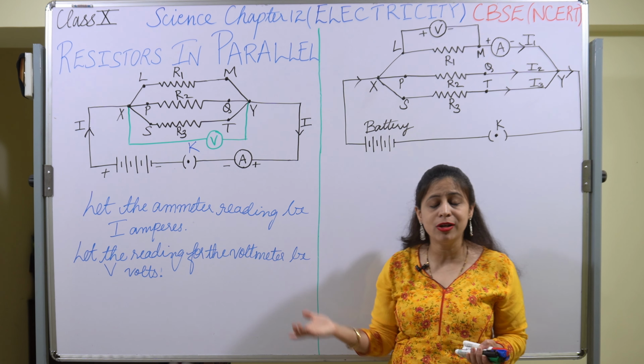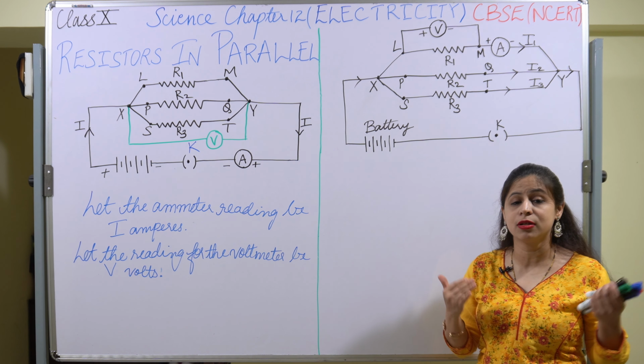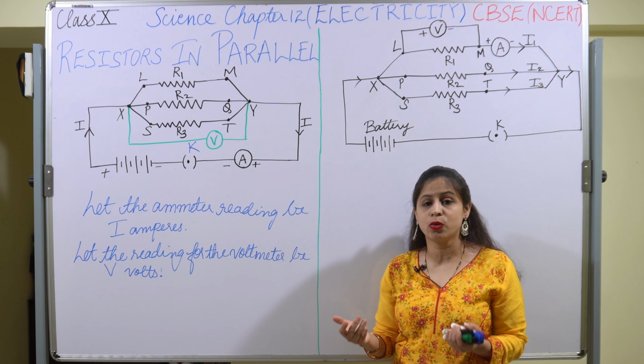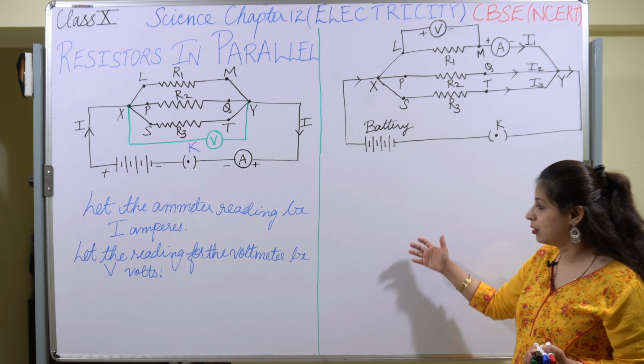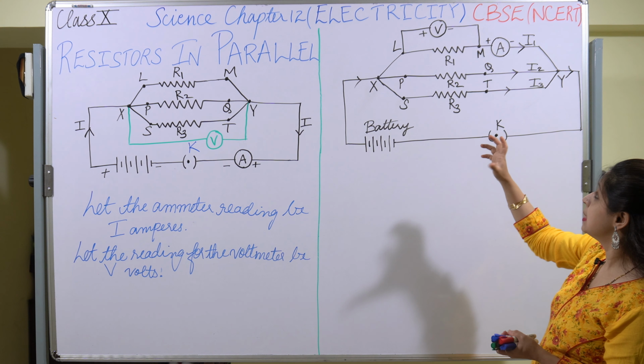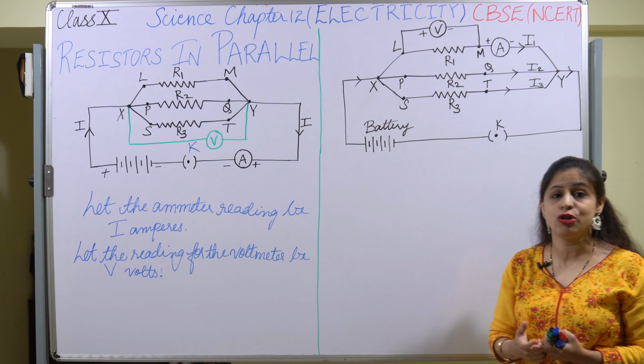Here we have taken 3 resistors. You can also take more than 3 resistors, n resistors. 3, 4, 5, any quantity of resistors you can take, and you can deal with the concept over here. Okay. So here we see the voltmeter reading remains the same, but the current reading changes.